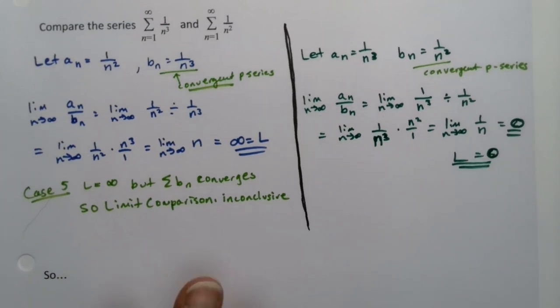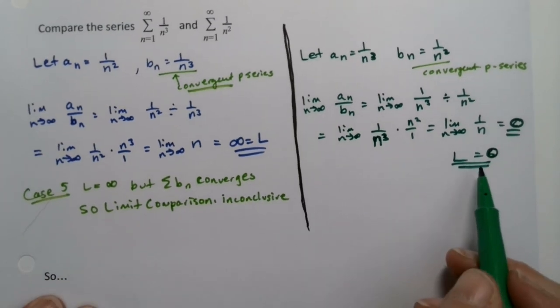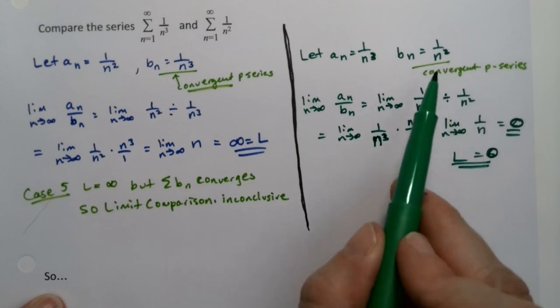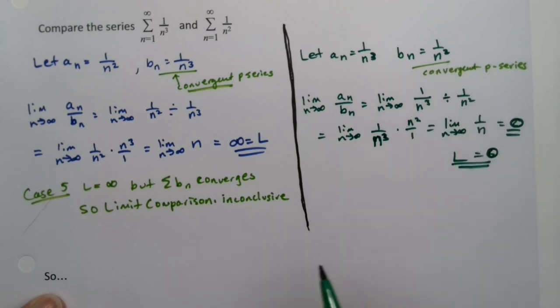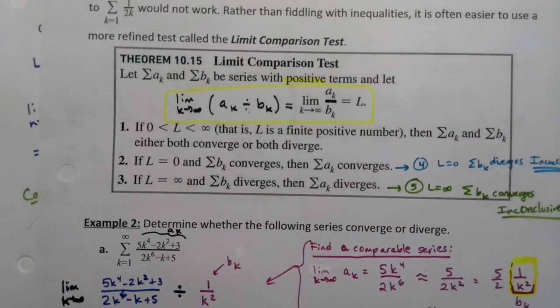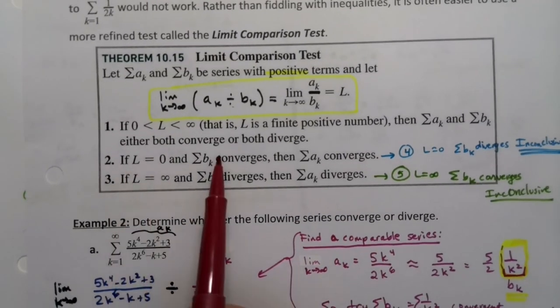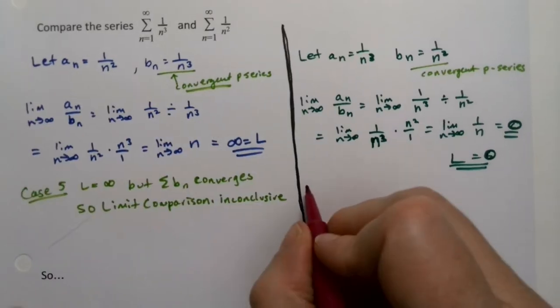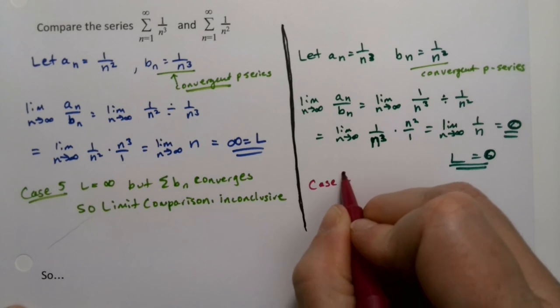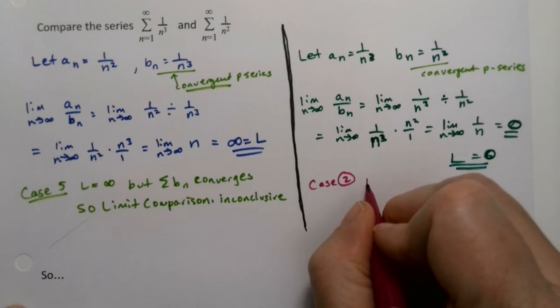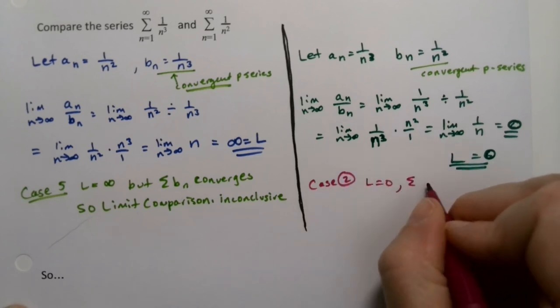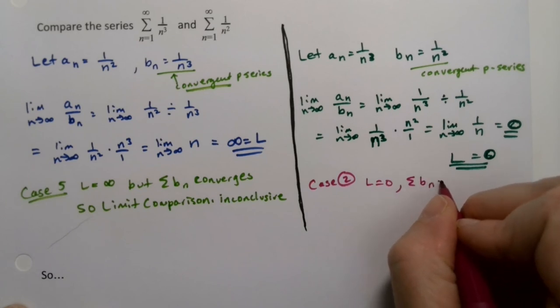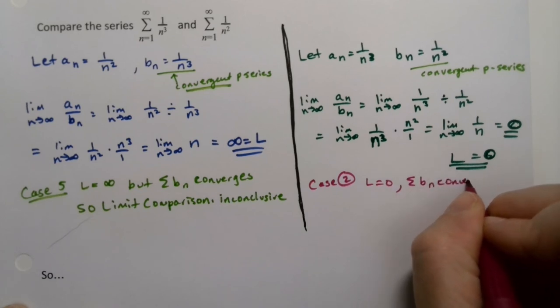Oh, but this is going to work. If L is 0 and my denominator series converges, then this is great. This is case 2. Looking back here, that's case 2. If L is 0 and the denominator series converges, wonderful. Yay. So L is 0, the denominator series converges.